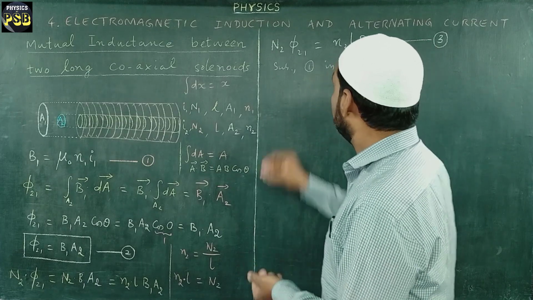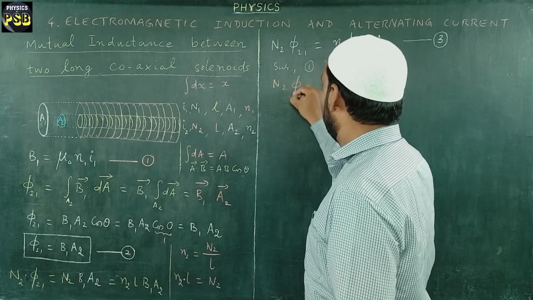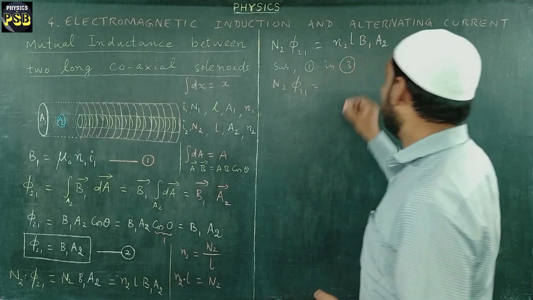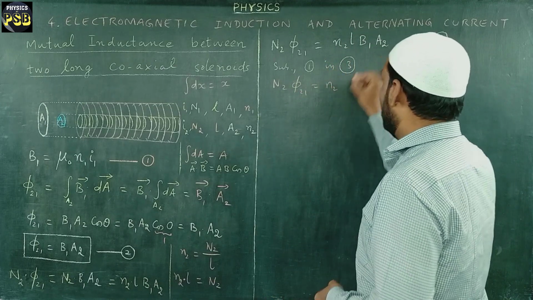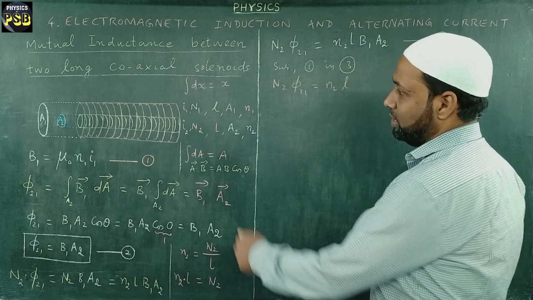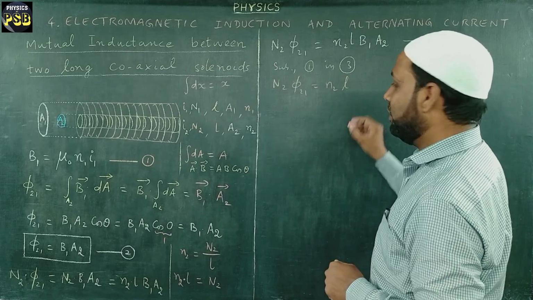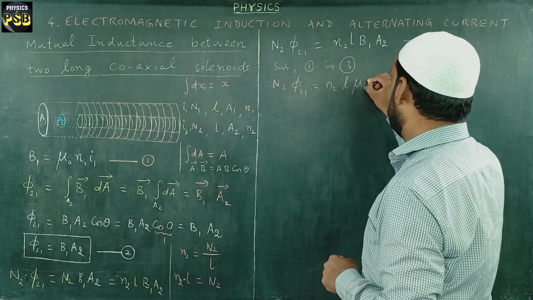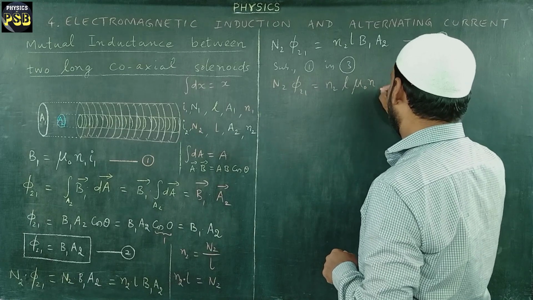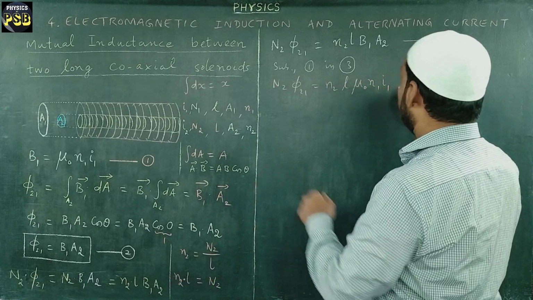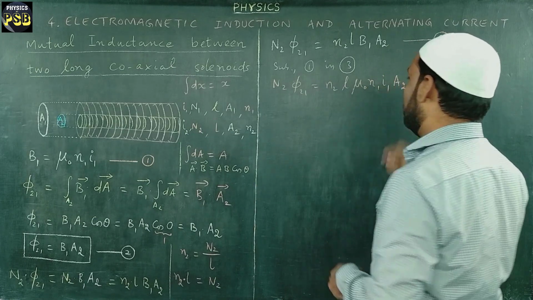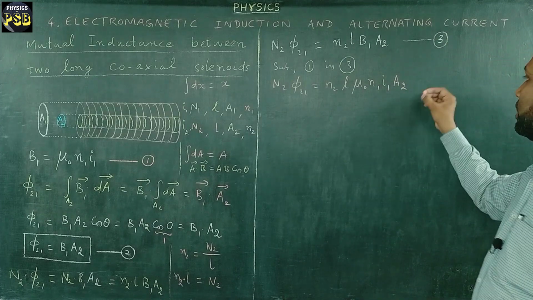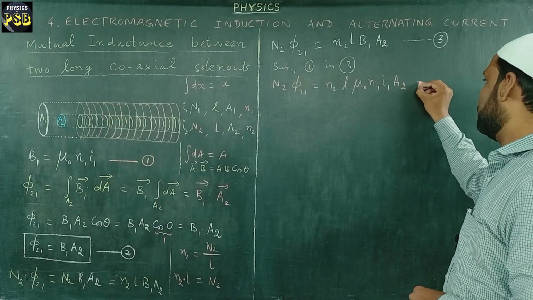I'll get N2 φ21 is found to be equal to n2 L. In place of B1, I write mu naught n1 I1 A2.